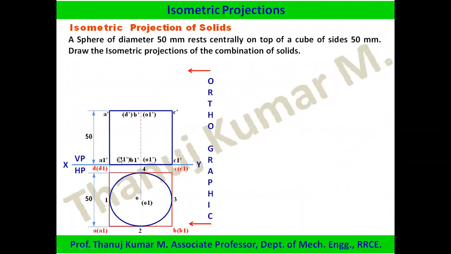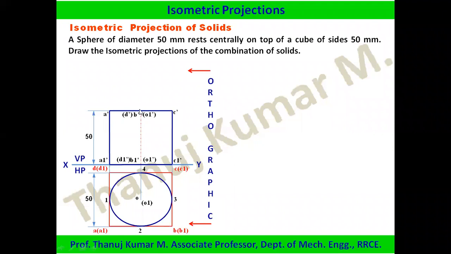The annotations have been shown only to make you understand. AA1, BB1, CC1, DD1 represent the cube or the box, sorry, the box or the center of the cube. It's drawn here. Whereas 1, 2, 3, 4 represent the circumference of the sphere. In the front view, I've drawn with the annotations A dash, B dash, C dash on the top, A1, B1, C1 at the bottom.